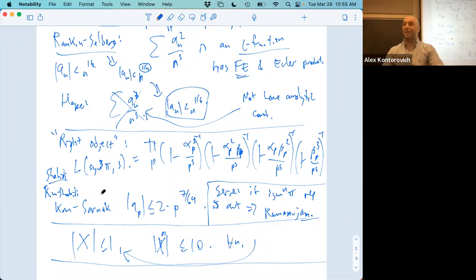So to answer your question, Deligne actually took inspiration from Langlands' conjectures on the Galois representation side. Maybe that's not the right way to put it. But basically he learns enough about these symmetric power lifts to get Ramanujan.